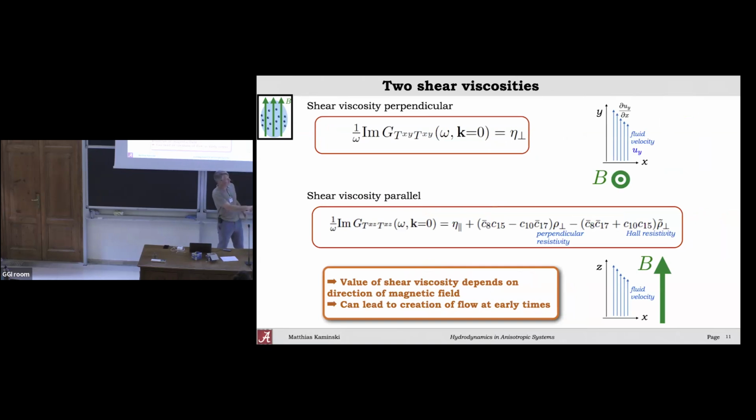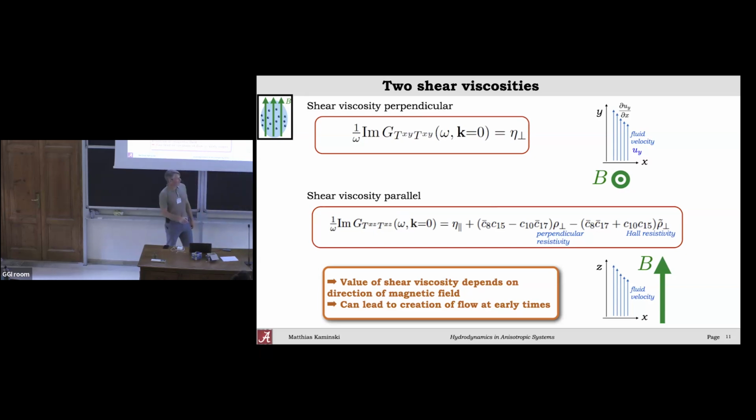And so there's a term on the right-hand side that is proportional to the perpendicular resistivity and to the Hall resistivity. So there's the Hall resistivity playing a role in this Kubo relation here. And this is a TXZ correlator, just like you had a TXY for the XY plane shear. So you don't do anything crazy here. You just calculate the 2-point function that you would calculate for your standard shear viscosity, and you find there are some extra contributions. That's number one.